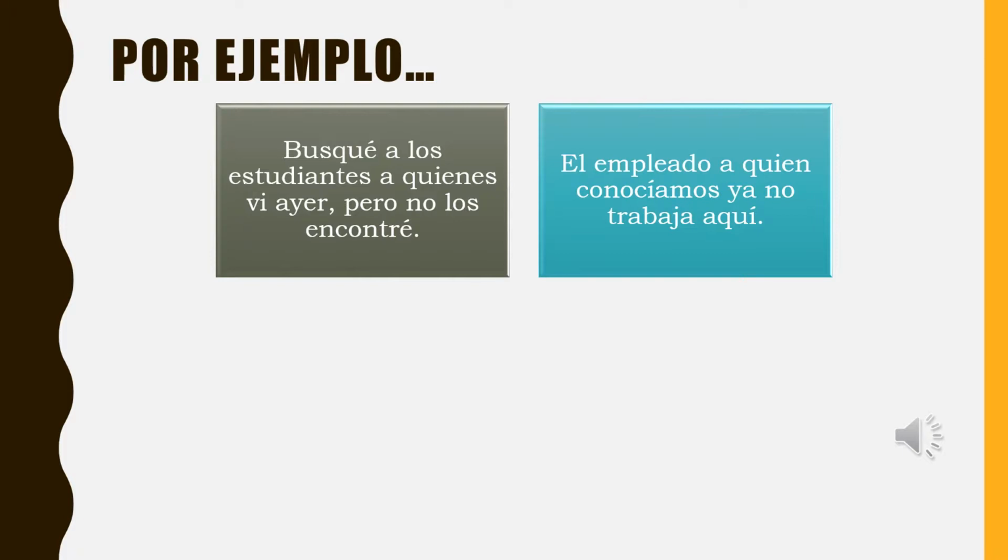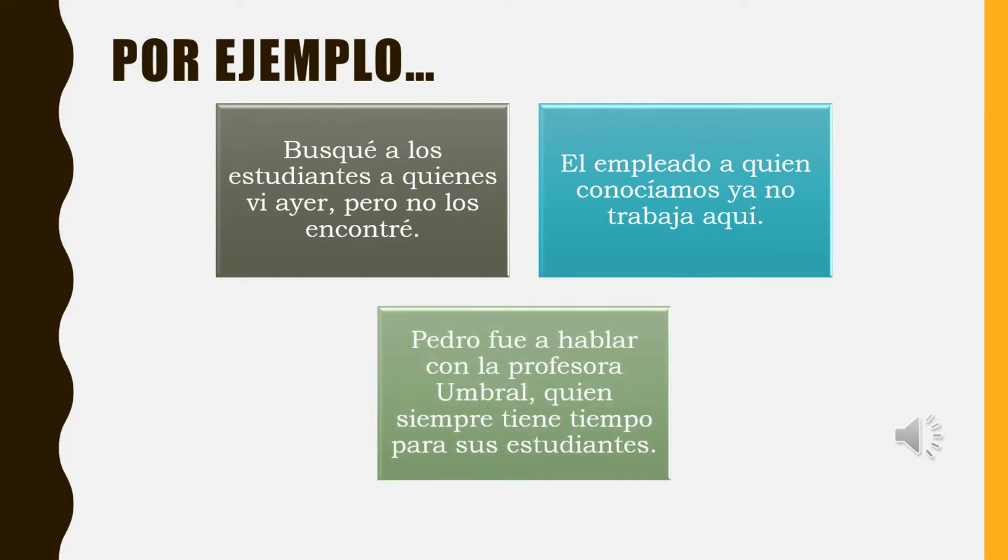Again, we have quien referring to el empleado, and that is separated with a. And in our last example, Pedro fue a hablar con la profesora Umbral, quien siempre tiene tiempo para sus estudiantes. Again, quien because it's one teacher, and the separation in this example is just the comma.